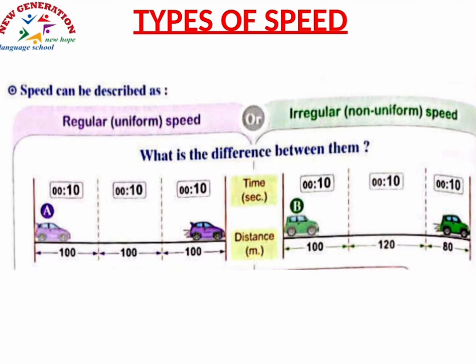Here the violet car covered equal distance in equal periods of time, so it is uniform speed. دي سرعة منتظمة. أما العربية التانية اللي هي the green car ديت عندي مرة قطعت 100 في 10 seconds ومرة تانية قطعت 120 في 10 seconds وبعد كده قطعت 80 في 10 seconds. يبقى أنا عندي دلوقتي equal time but not equal distance.